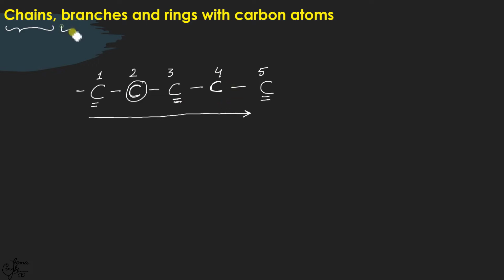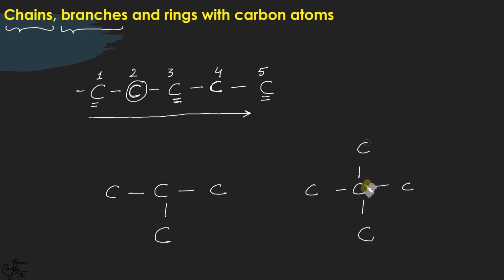Let's understand what is meant by branches. If your carbon is attached to more than two carbon atoms, let's say one here, two here and three here, or 1, 2, 3 and 4. I'm just looking at this carbon atom.